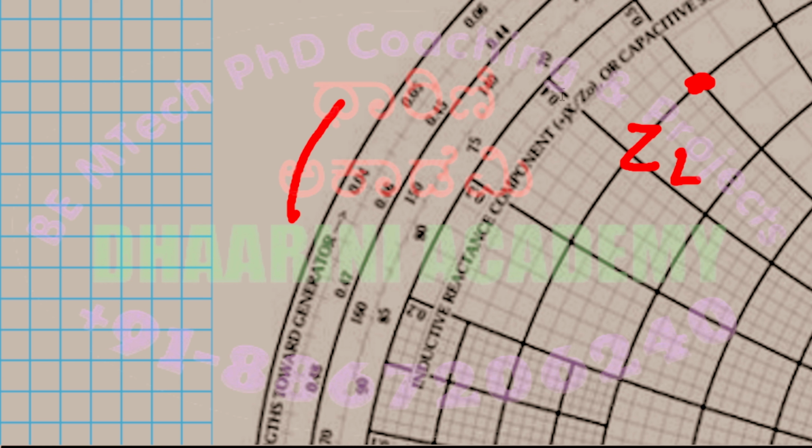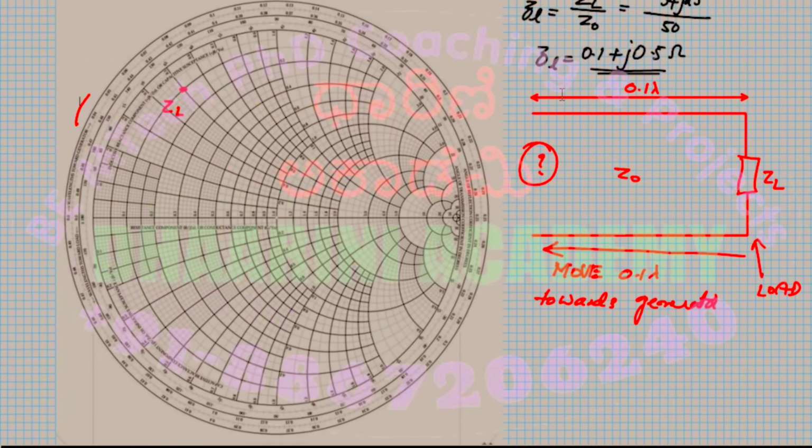The length is increasing in terms of lambda: 0.04 lambda, 0.05 lambda, and so on. So that's what the lambda is.